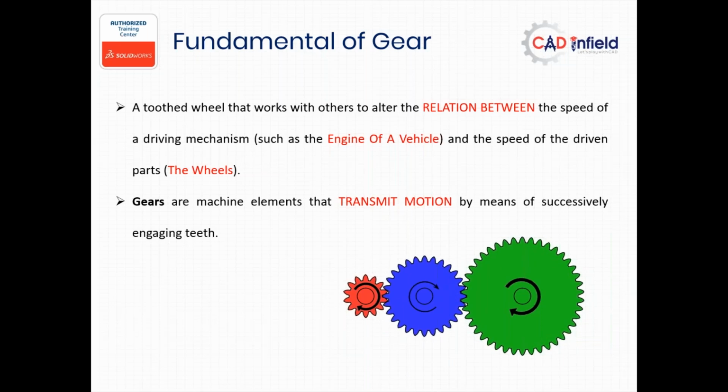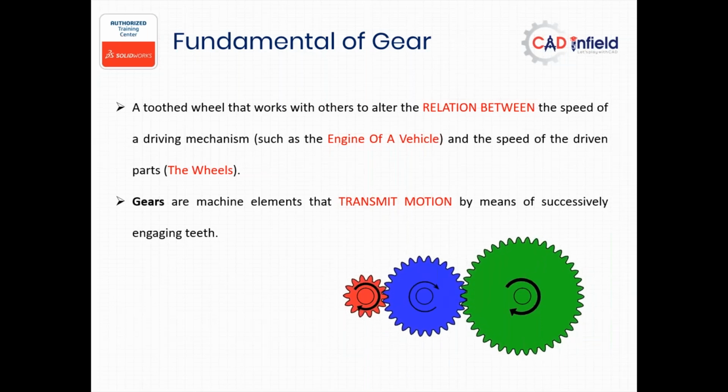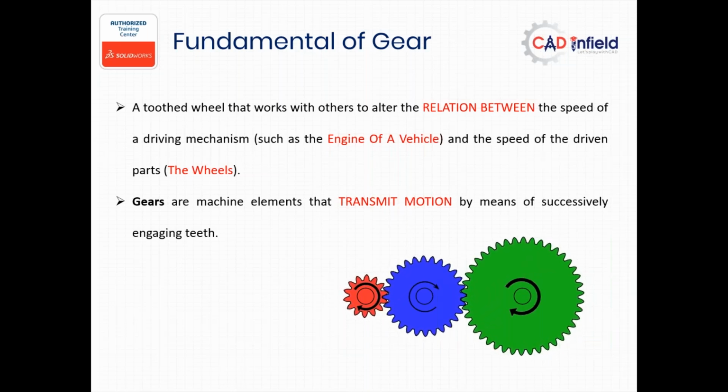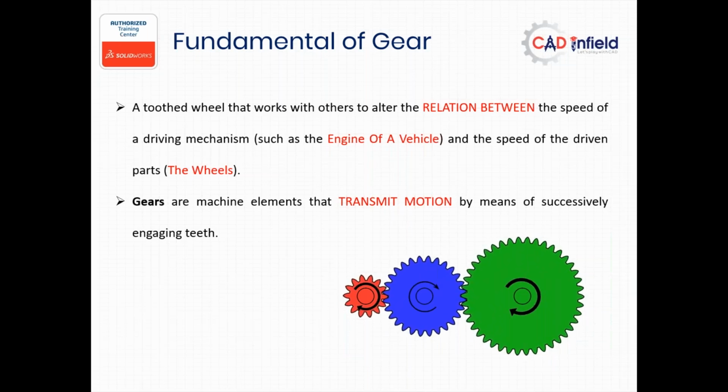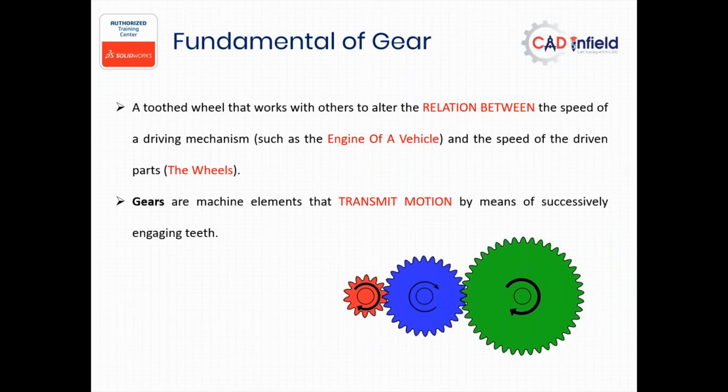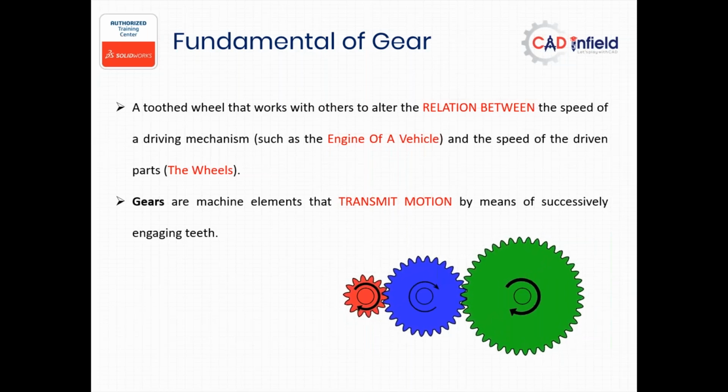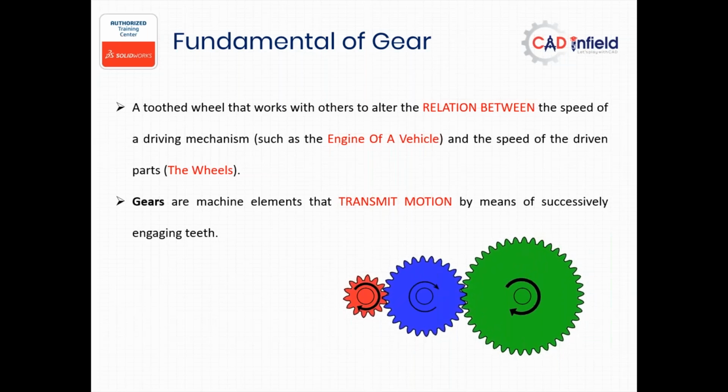But in the case of internal gear, or we call it a planetary gear, if the input shaft is rotated in a clockwise direction, the driven shaft or output shaft is also rotated in a clockwise direction. But this case is reverse for external gear. That needs to be remembered all the time.